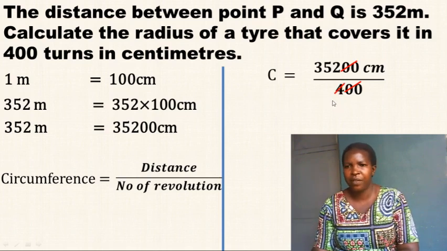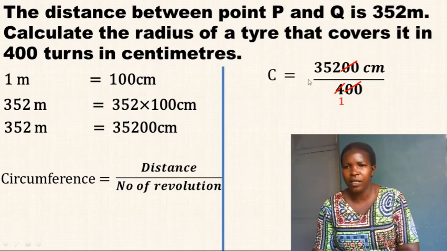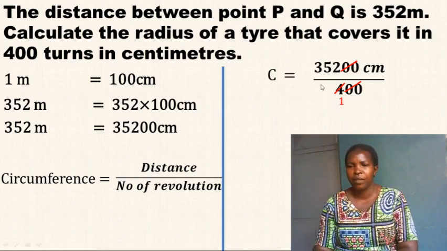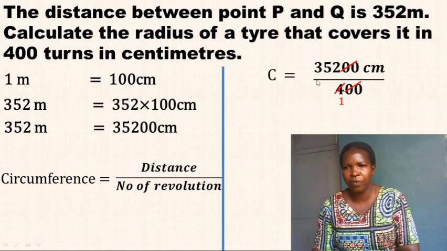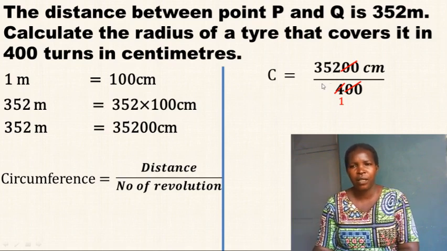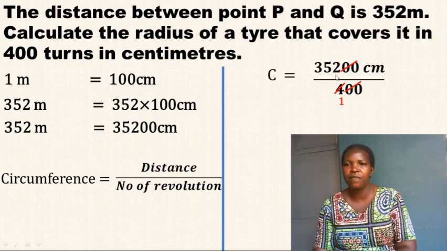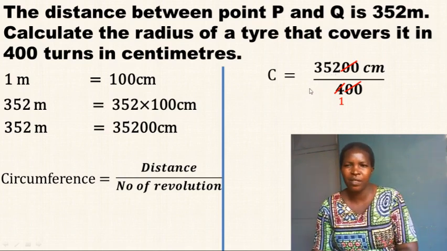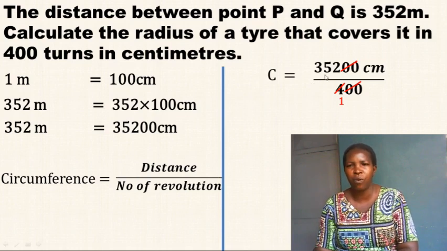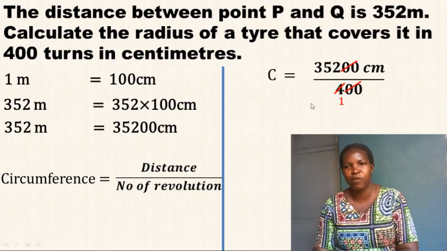What is 4 divided by 4? We shall come up with a 1. Now we shall look at 352 using the divisibility test for 4. When is a number divisible by 4? A number is divisible by 4 if its last 2 digits are divisible by 4. My dear boys and girls, if you look at the multiples of 4, automatically 52 is a multiple of 4.